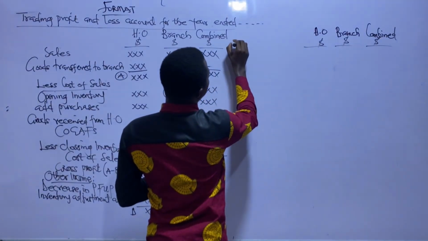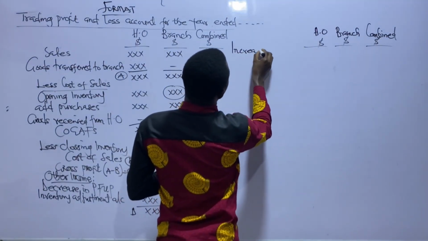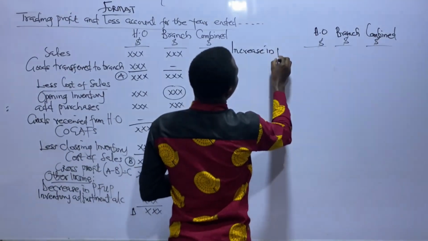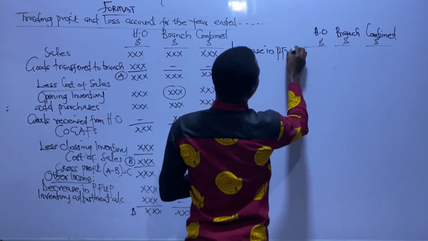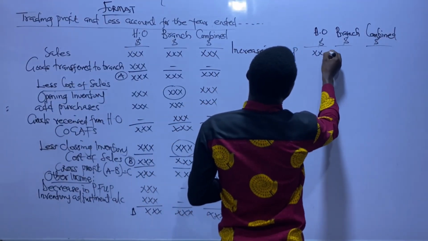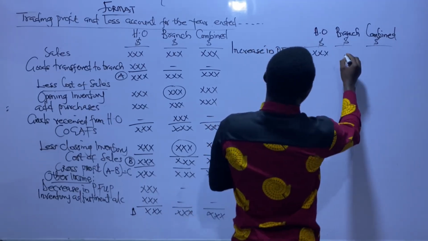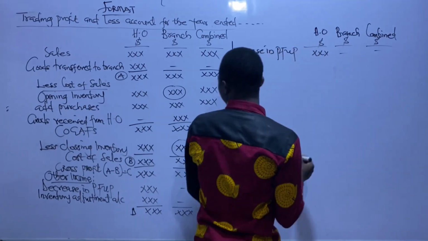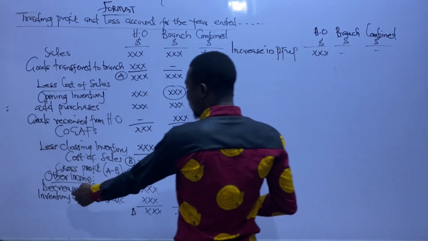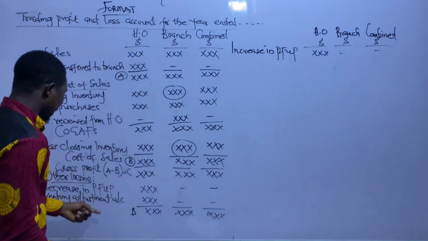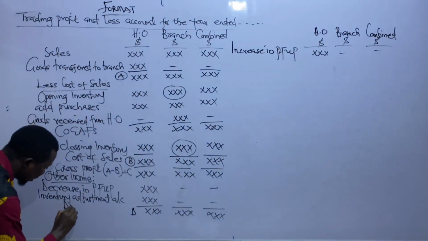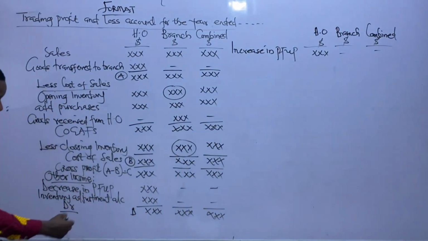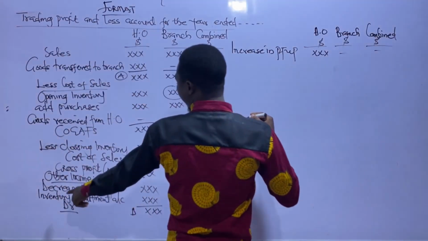So if there is an increase in provision for unrealized profits, we consider that as an expense, and it affects only the head office. I explained this to you. And this provision for unrealized profit will be found at the debit side of this account. So that is inventory adjustment account.